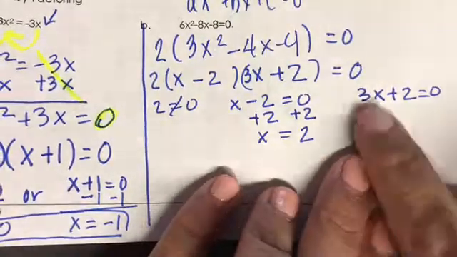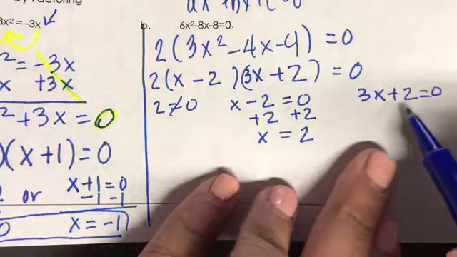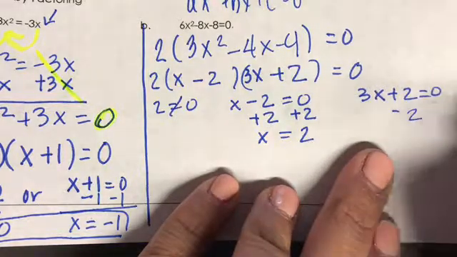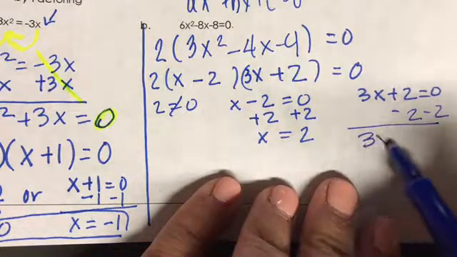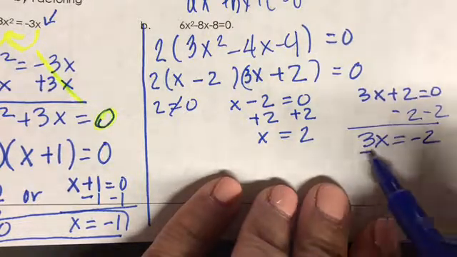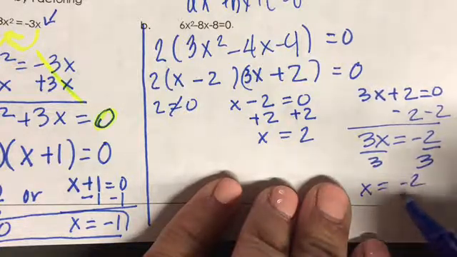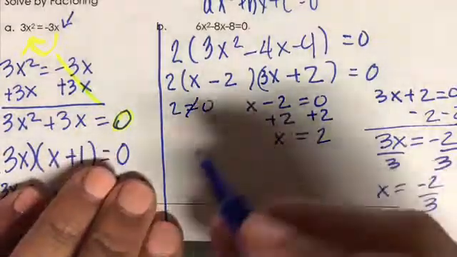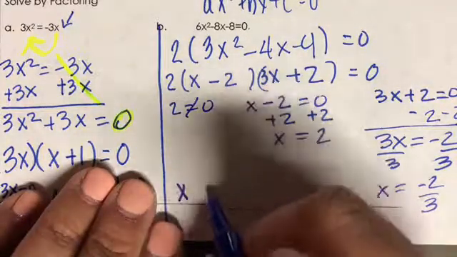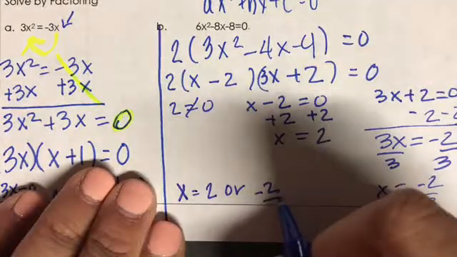Now for this one, you didn't see it earlier, but it does say it's equal to 0. We're going to subtract 2 from both sides. 3x equals negative 2. Divide both sides by 3. x equals negative 2 over 3. So our possible solutions of x are 2 or negative 2 over 3.